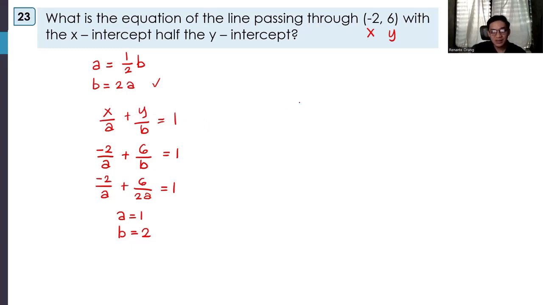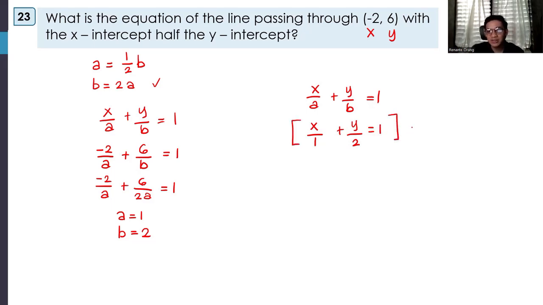So, magiging x over a plus y over b is equivalent to 1. Substitute natin, magiging x over a po natin is 1 plus y divided by b, which is 2, is equivalent to 1. So, multiply both sides by our greatest common denominator, which is 2.